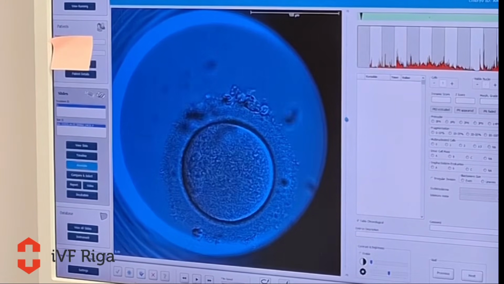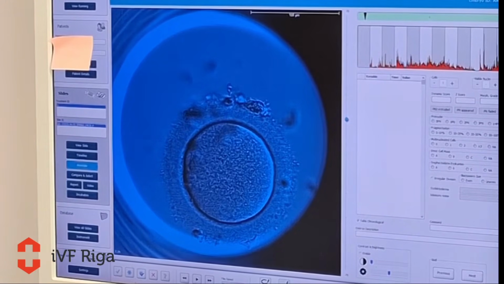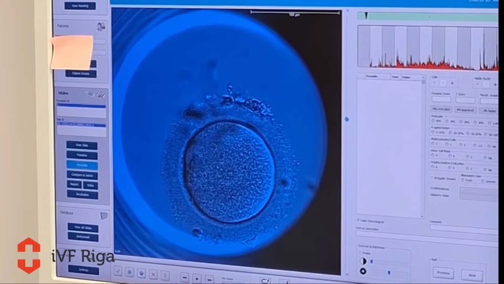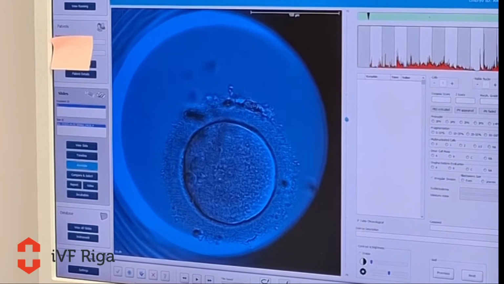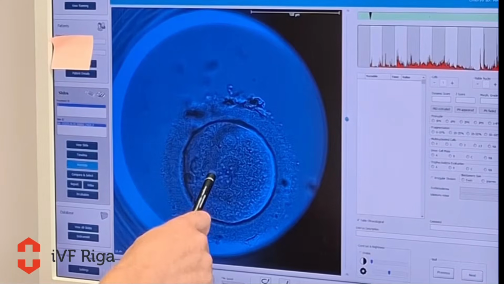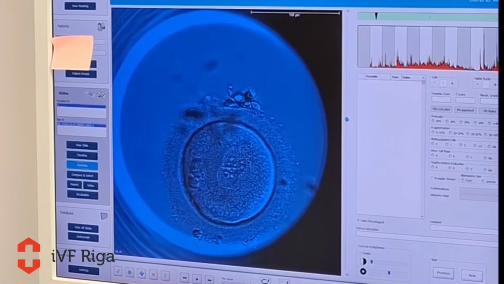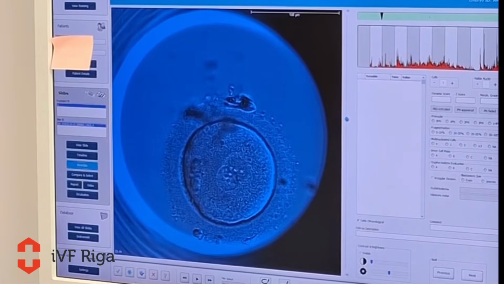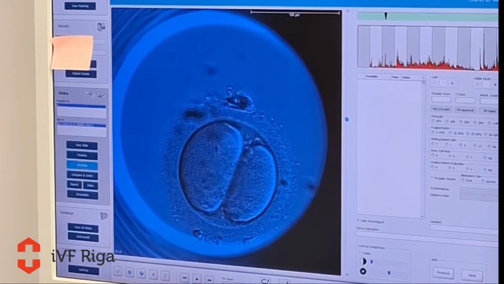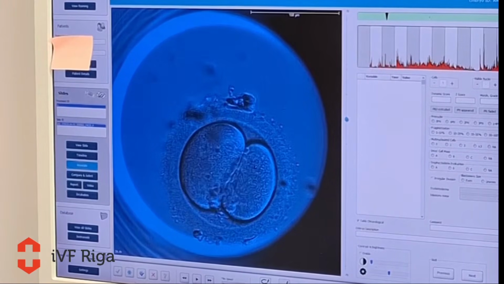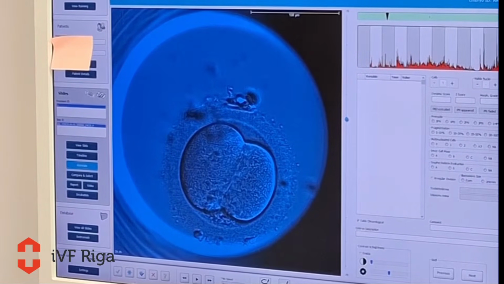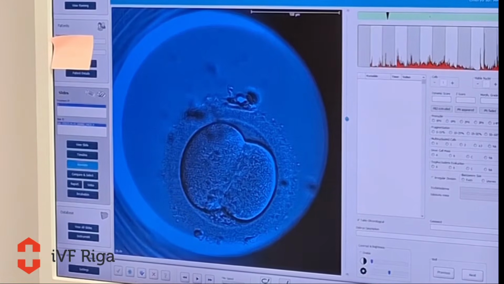The fertilized egg stays around 17-20 hours in the incubator until the moment when we can see the first fertilization marks. This is a pronucleus inside. The next day, approximately after 24 hours, we can see the first development of the zygote, starting with 2 blastomeres, or 2 separate cells.